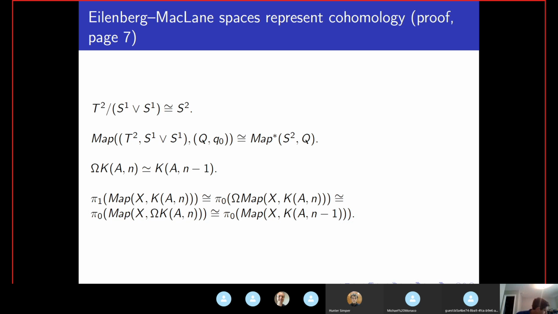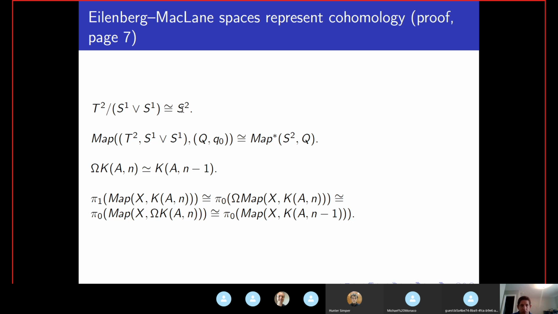Okay, so how are we going to use this to study the torus? Well, the torus mod S1 wedge S1. If you think of the torus as a square with sides identified, then S1 wedge S1 is the boundary of the square.